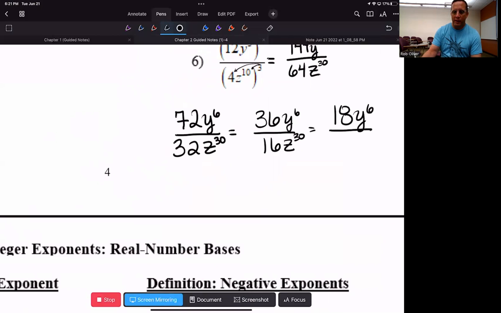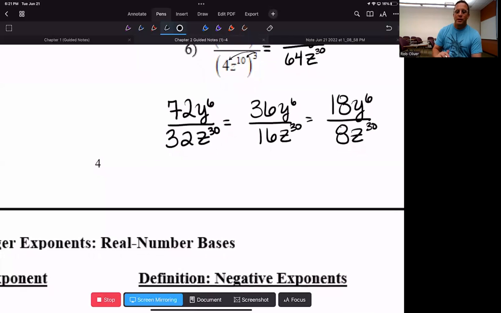And then half of 16 is 8. And it looks like we can keep going here. I know it's like, what the heck? But 18 and 8 divided by 2, that's pretty simple math right there. You got 9, y to the 6, and then 4 z to the what? 30th.